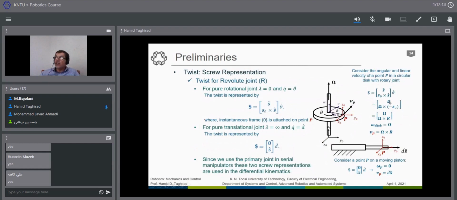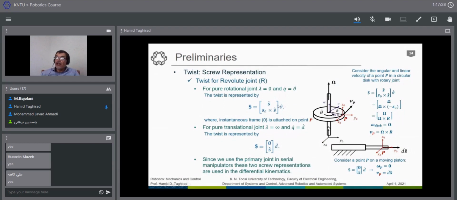S times theta dot gives you the omega, and this gives you omega cross S0, and omega cross S0 is omega cross R. You know from classical mechanics that the velocity of that, Vp, is omega cross R. Omega cross R gives you the velocity of the point, and omega gives you the angular velocity of the disk.